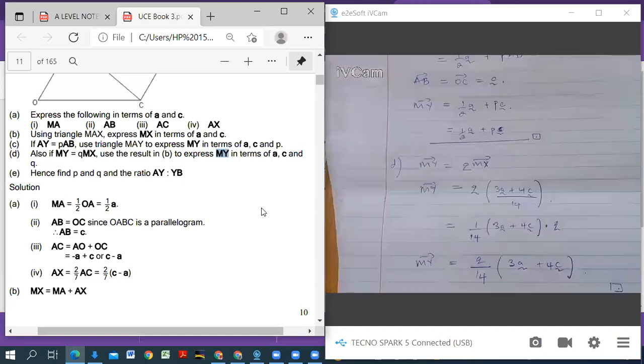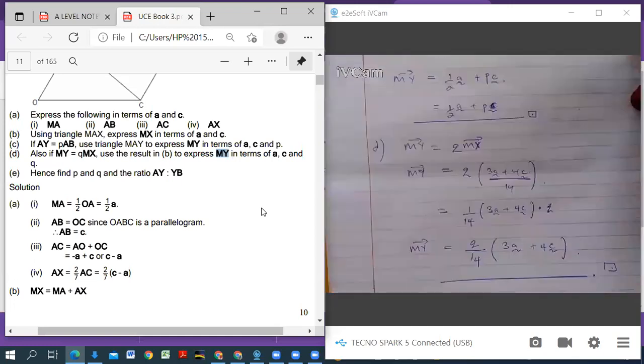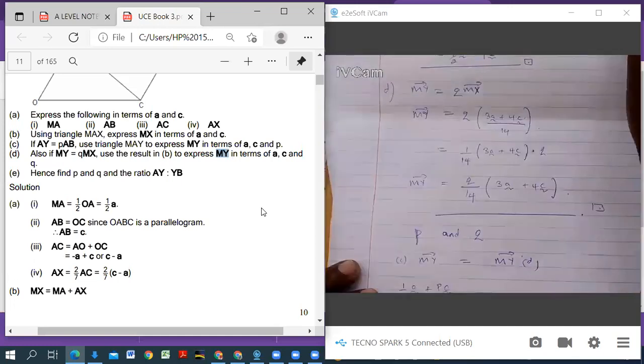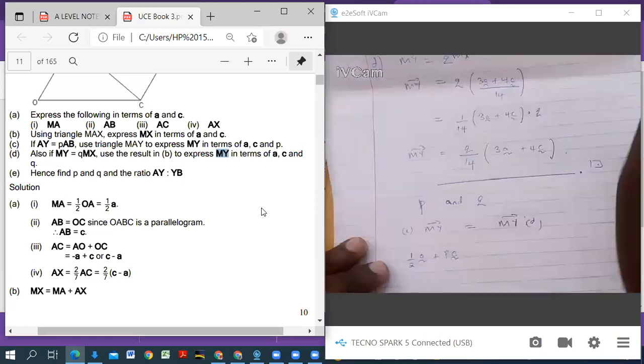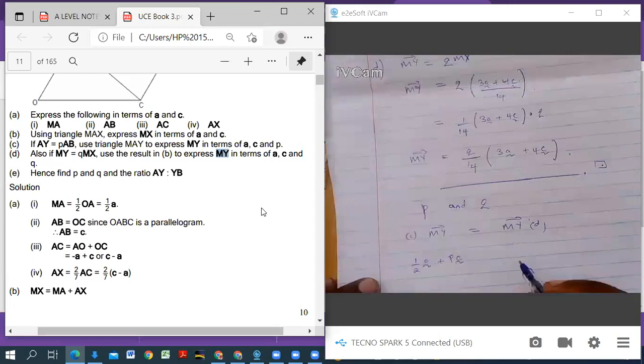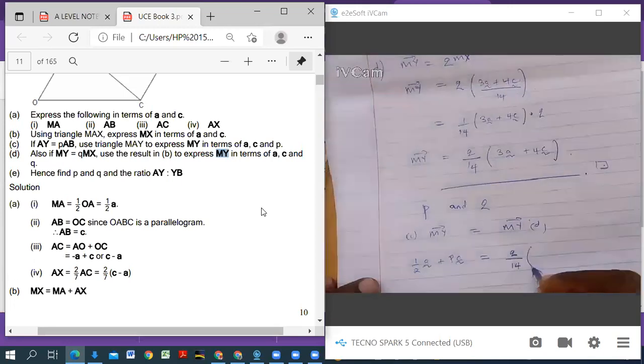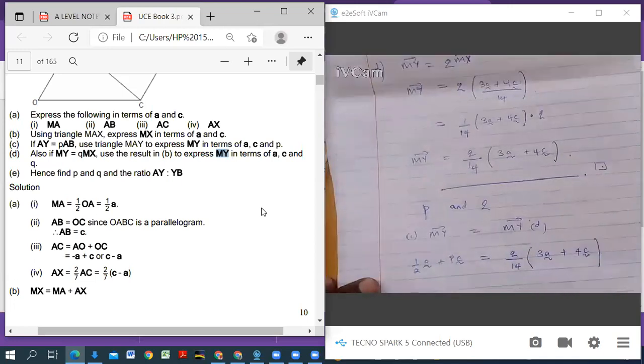Now the MY for part D is that one there, so we are going to substitute it. So we shall have it equal to Q/14, open brackets, 3A plus 4C.